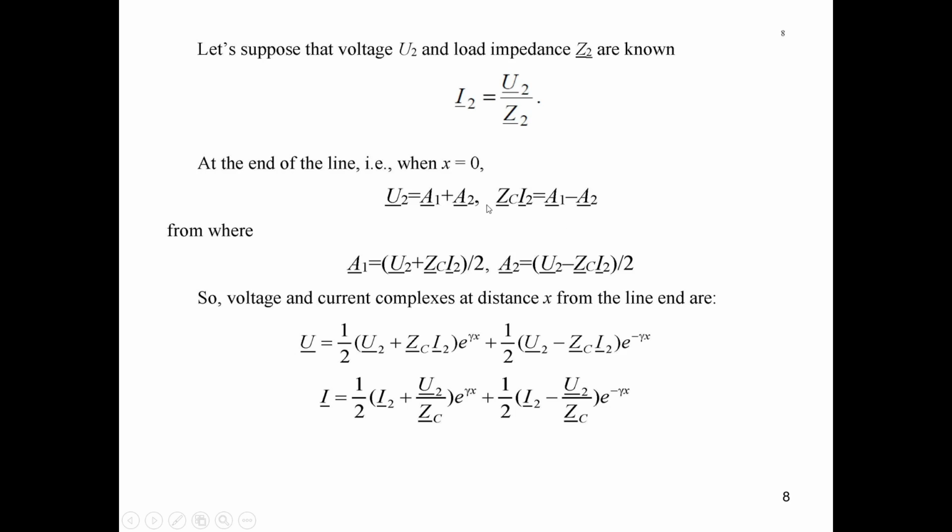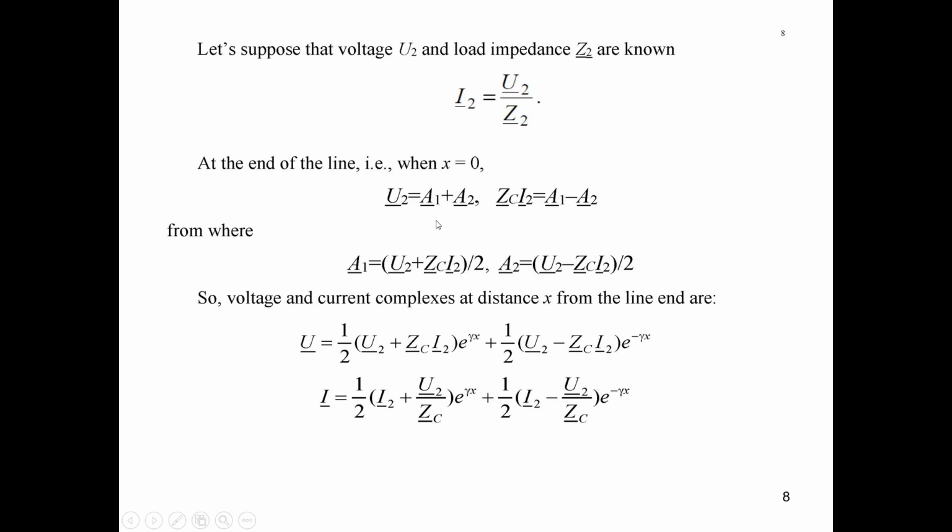So we have two equations with two unknowns, A1 and A2, and we can determine these integration constants easily. At first, we sum up both the right-hand sides and the left-hand sides of these equations, and A2 will vanish, and we will have that 2A1 equals U2 plus ZC I2, so A1 equals 1/2 of U2 plus ZC I2.